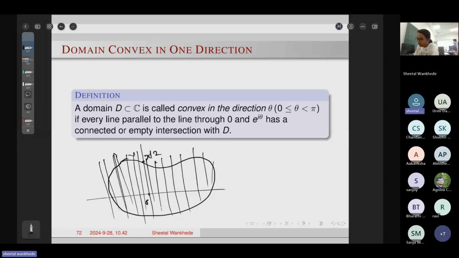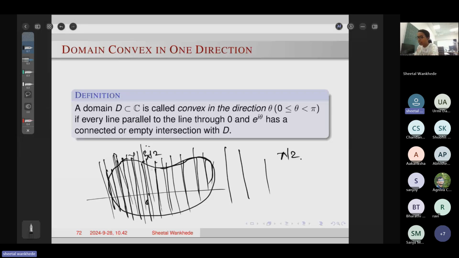Now we see this line has connected intersection with this domain, or otherwise empty intersection. So we can say this domain is convex in the direction of pi by 2, or we can say in the vertical direction. Got it?